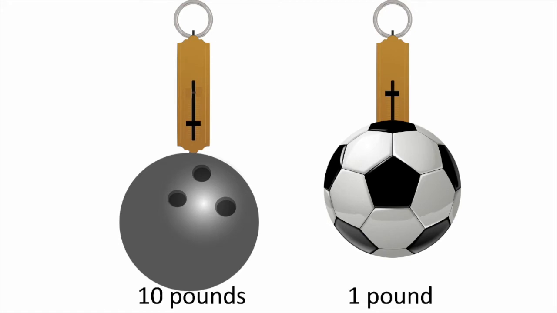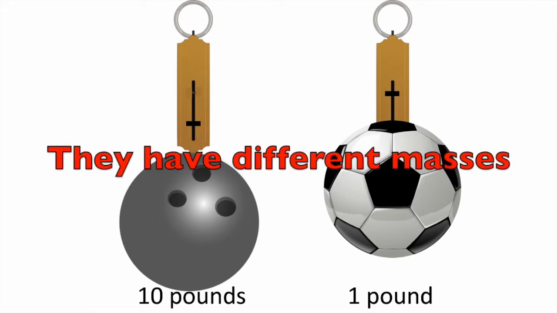So, a logical explanation for the fact that these two objects that are the same shape weigh different amounts is that they have different masses, different amounts of matter, different amounts of stuff in them.